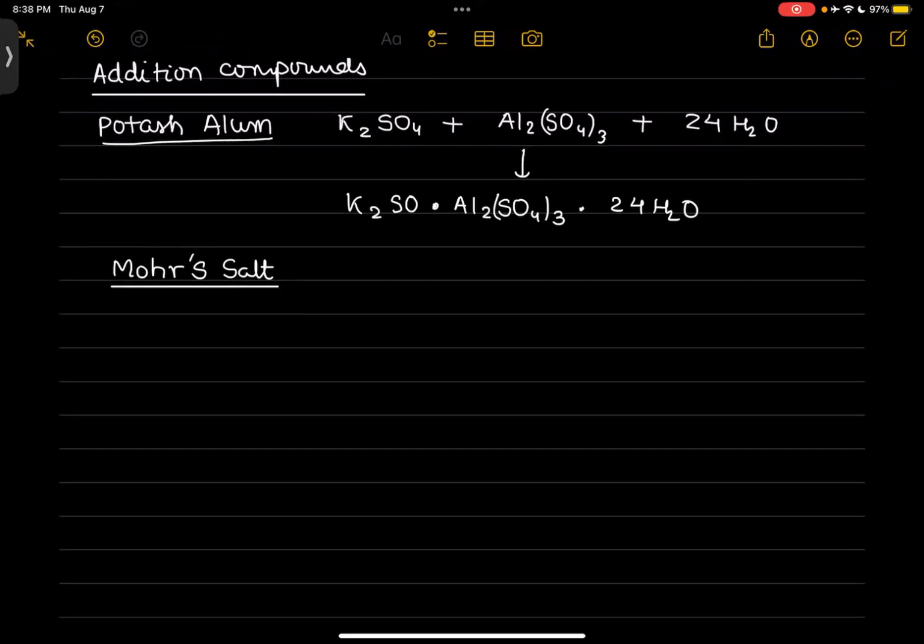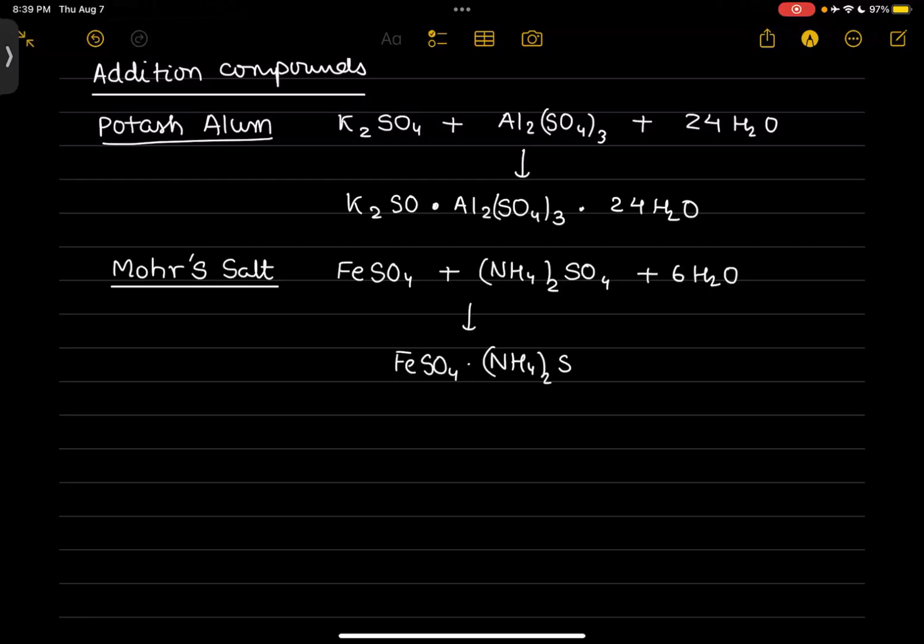It is ferrous ammonium sulfate. Okay. So you use FeSO4 and ammonium sulfate and 6H2O. This is Mohr salt.